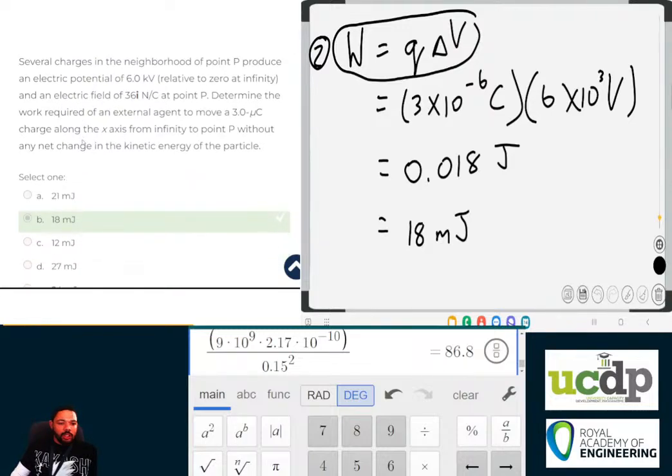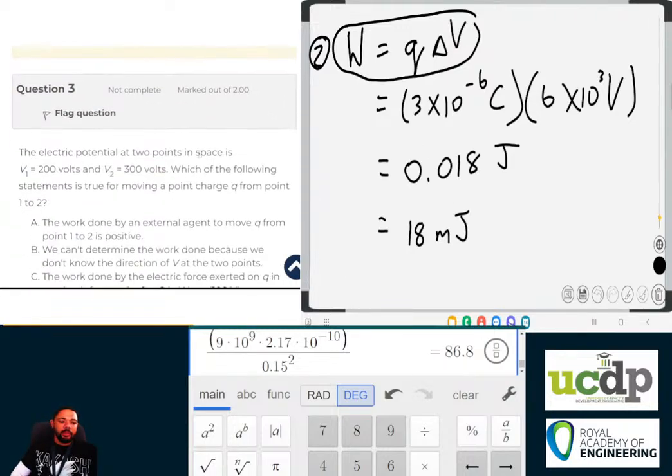And we have the charge: a 3 microcoulomb charge that is moved along the x-axis from infinity to point P without a net change in the kinetic energy. And of course, the change in the potential relative to 0 at infinity is 6 kilovolt, or 6,000 volts.